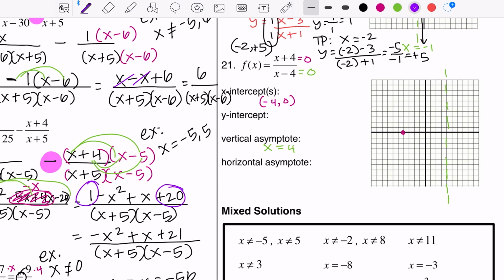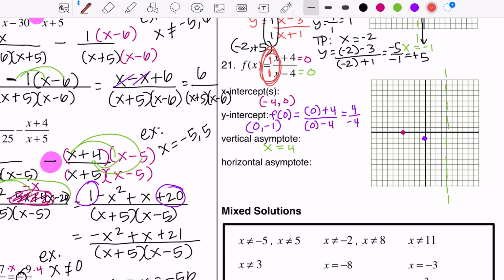Then I'm going to do my y-intercept, which is plugging in 0. So that gives me 4 divided by -4, which is -1. So that's here. And then to find my horizontal asymptote, I'm looking right here.